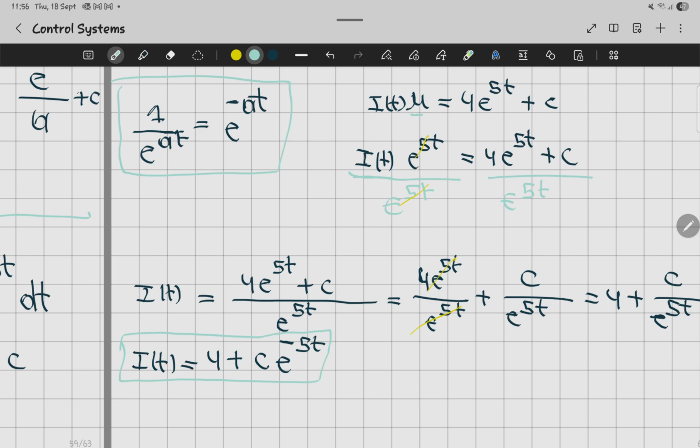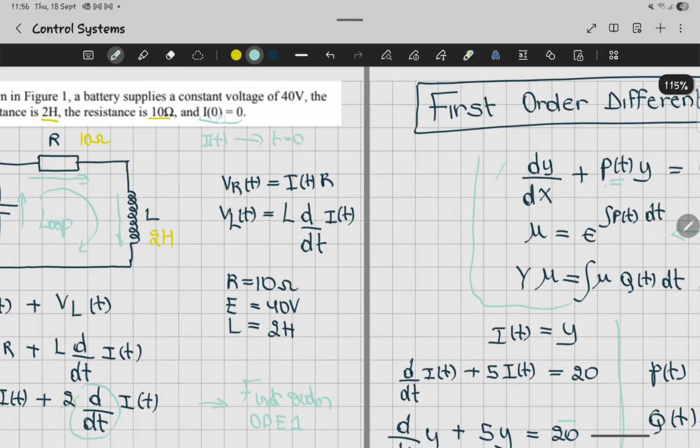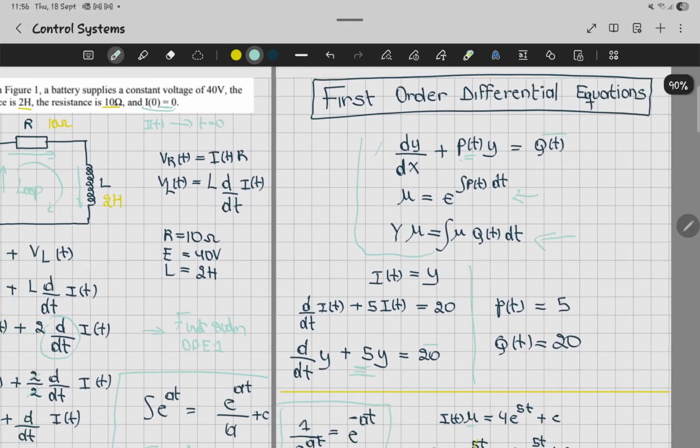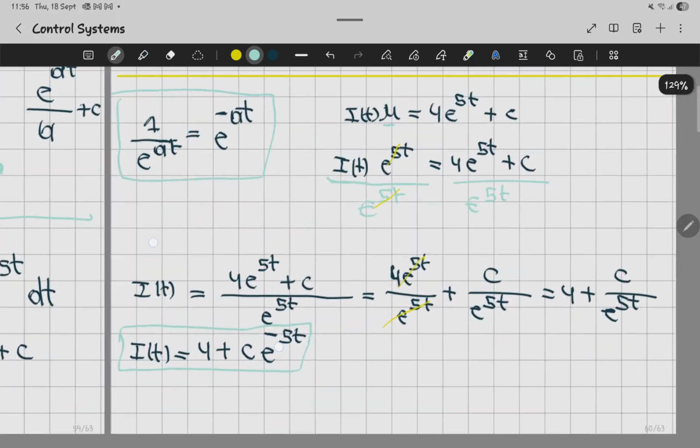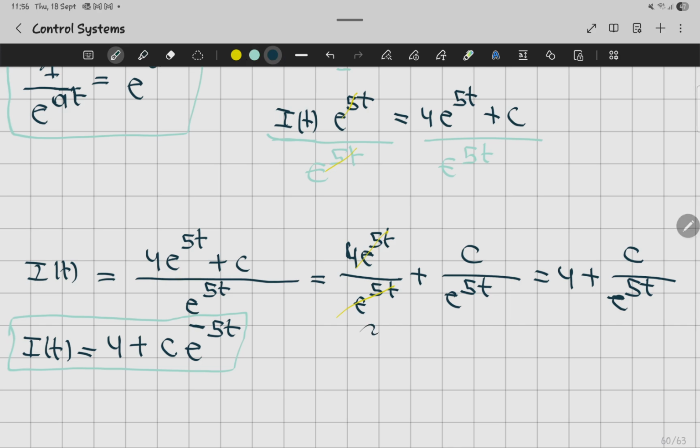Okay, and we got our initial condition that I mentioned here. Okay, so we're going to take that initial condition into account. So we know this is what we need to find in the final. Okay, and this equation is similar to i(t), meaning t equal to 0.